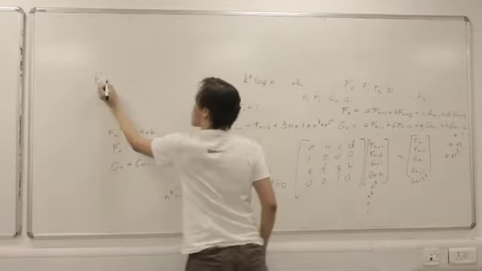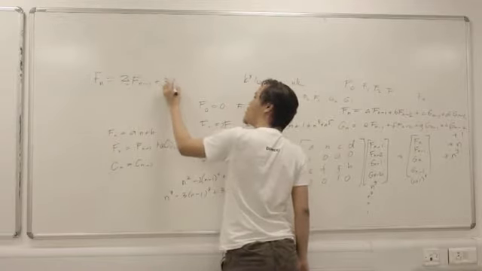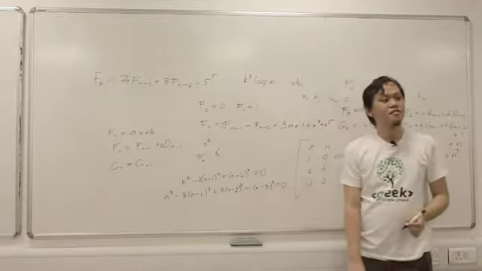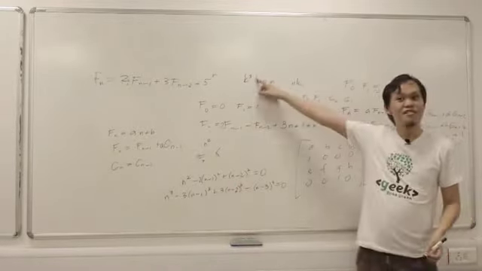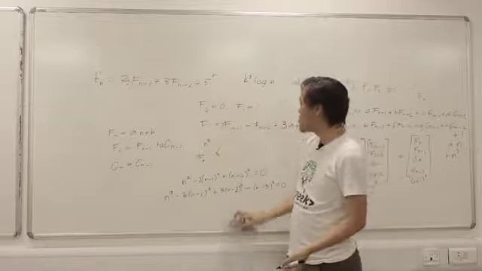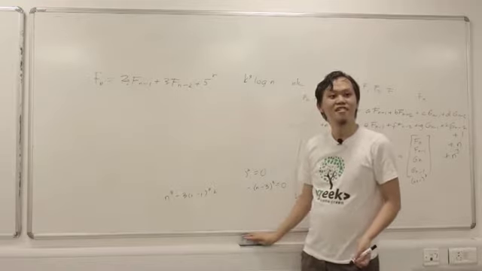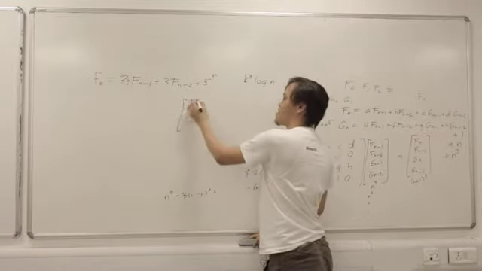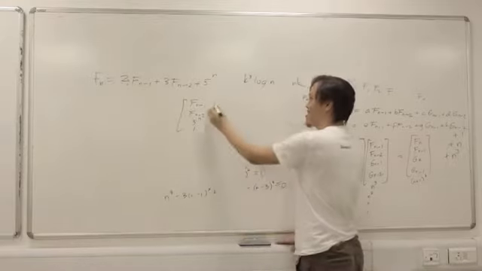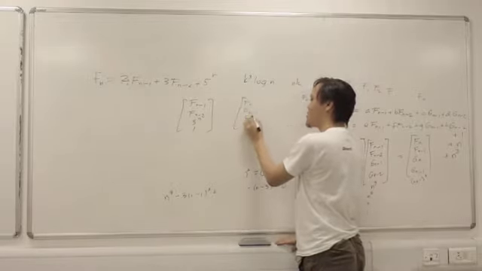Let's say f of n is 2f of n minus 1 plus 3f of n minus 2 plus 5 raised to n. Can you find f of n quickly if the recurrence is this? Yes, we want to transform f(n minus 1), f(n minus 2), 5 to the power n minus 1, and you want to transform it to f(n minus 1), 5 to the power n plus 1, and 1.